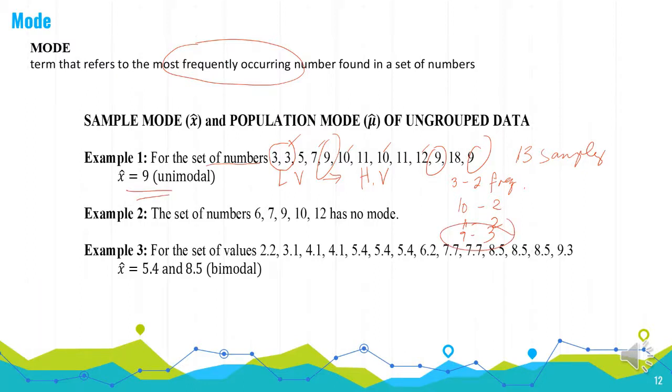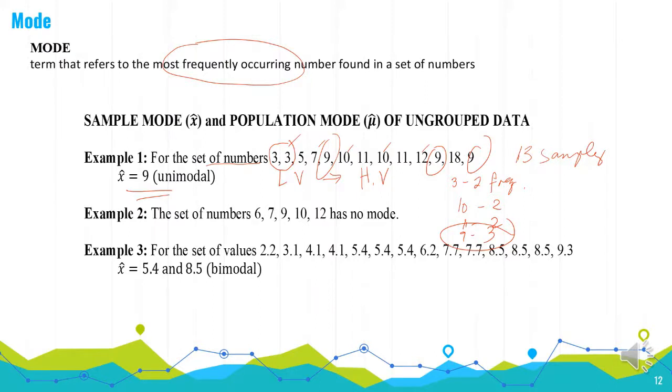So you say, among the 13 samples, most of the samples have a band attainment of 9 seconds, if that is your study. Most of them attained a band strength of 9 seconds.